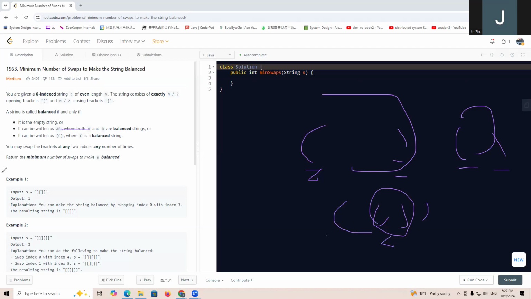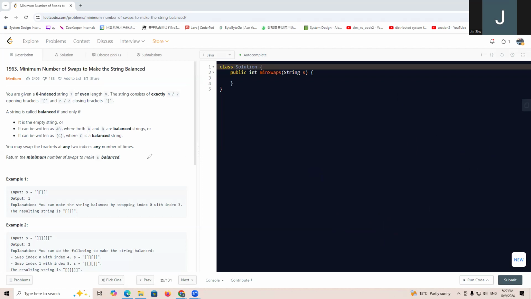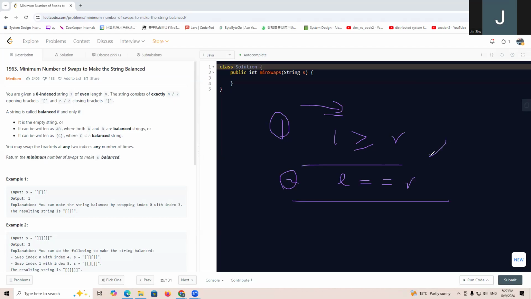So for parentheses or brackets, to check balance we just need to remember two features. One is that when we iterate from left to right, left should be greater than or equal to right. And in the end, when we finish iterating, we should have left equal to right. If we use these two features, we can solve this problem easily.